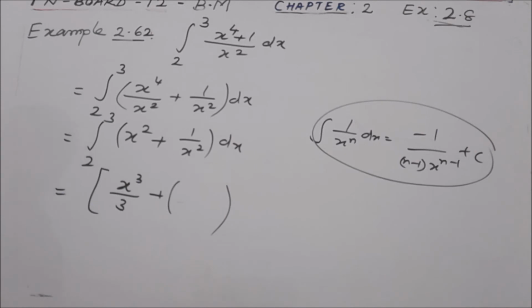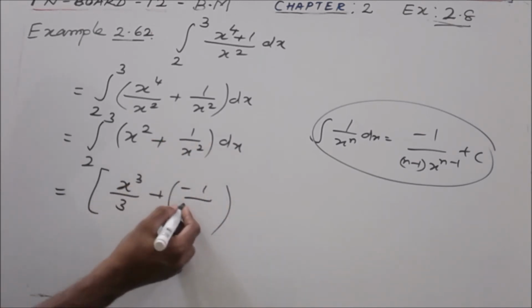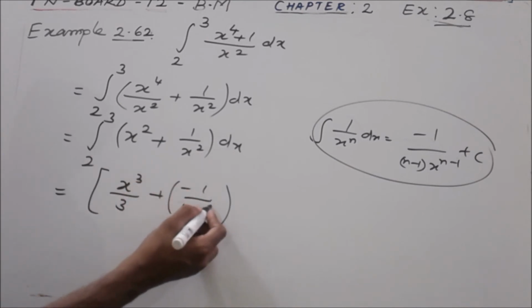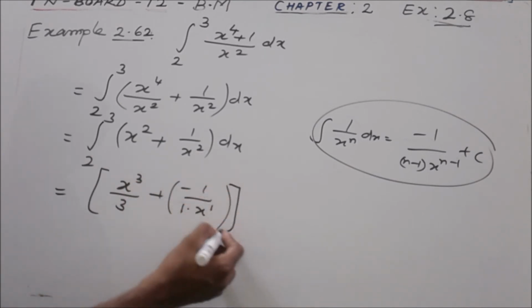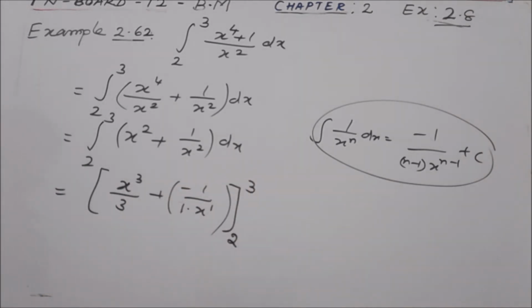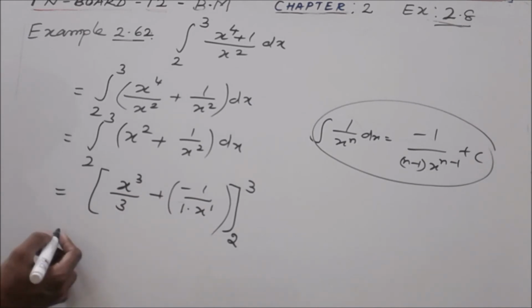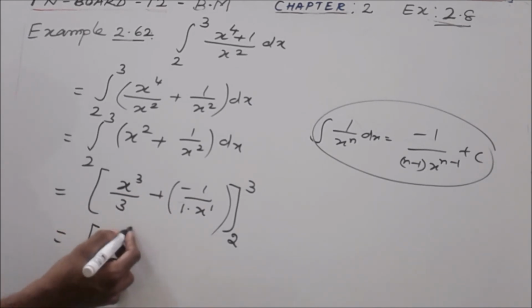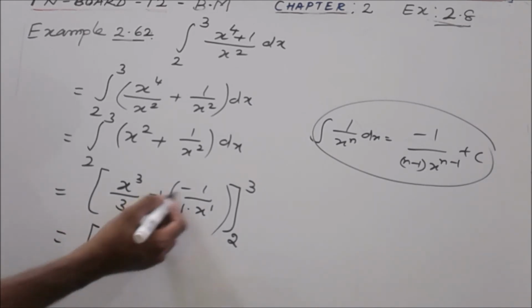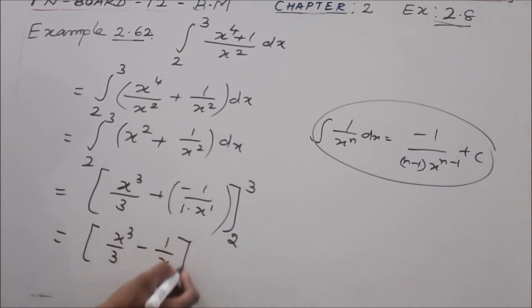So substituting here, minus 1 by 2 minus 1 is 1 into x to the power 1, and the limits are 2 to 3. When simplified, it will be equal to x cube by 3 minus 1 by x, limits 2 to 3.